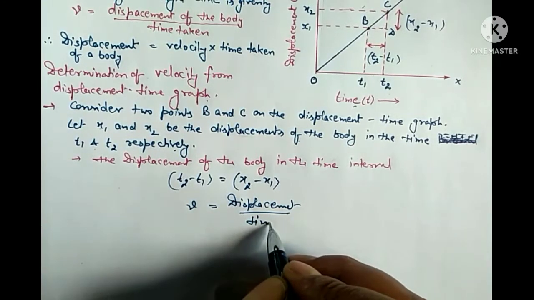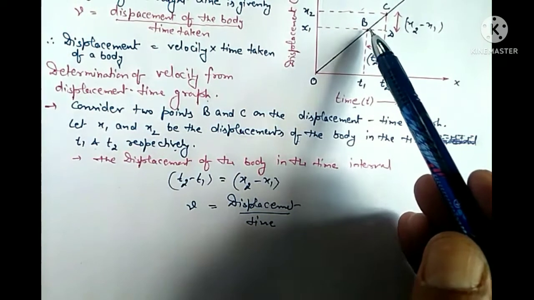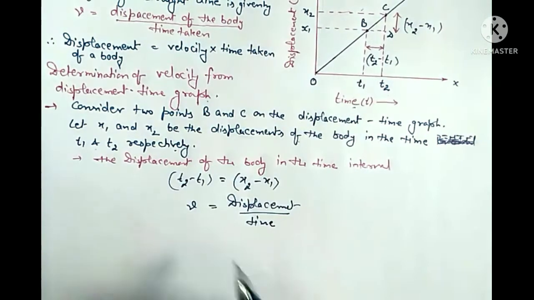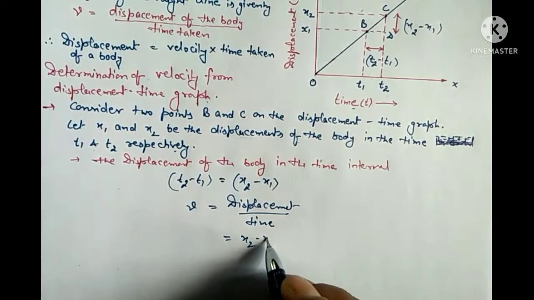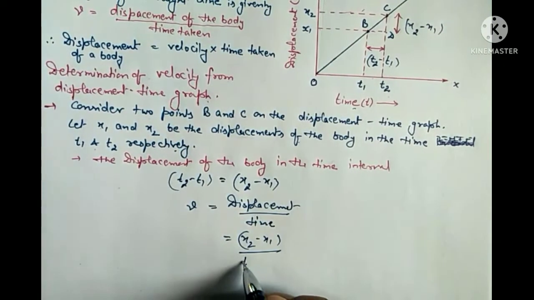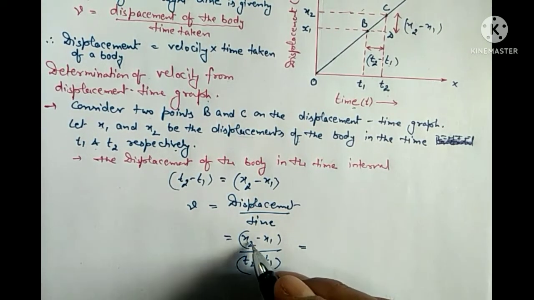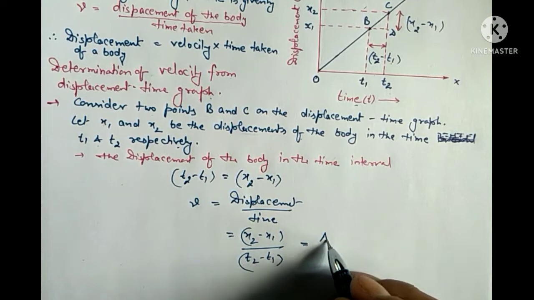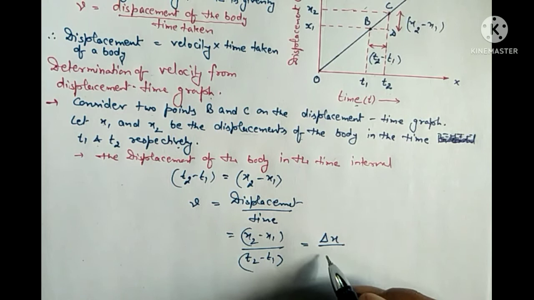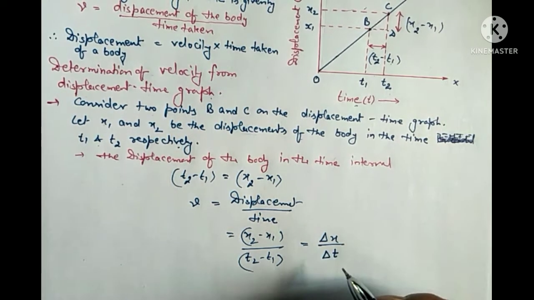We know that velocity is equal to displacement over time. So from the graph, when we take triangle BDC, displacement is x2 minus x1 and time is t2 minus t1. This x2 minus x1 is the change in displacement, written as del x, and t2 minus t1 is the change in time, taken as del t.